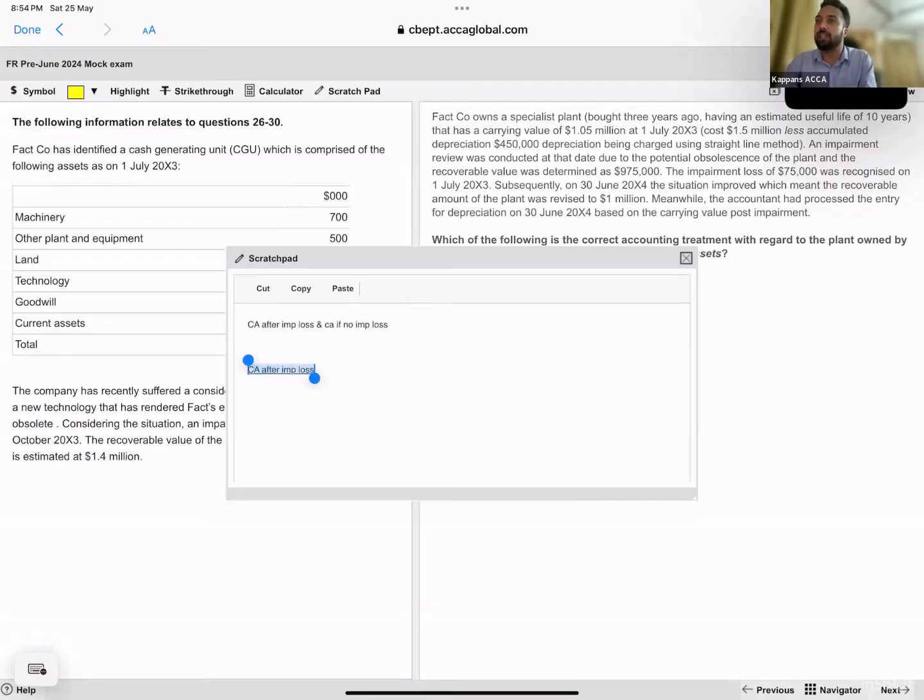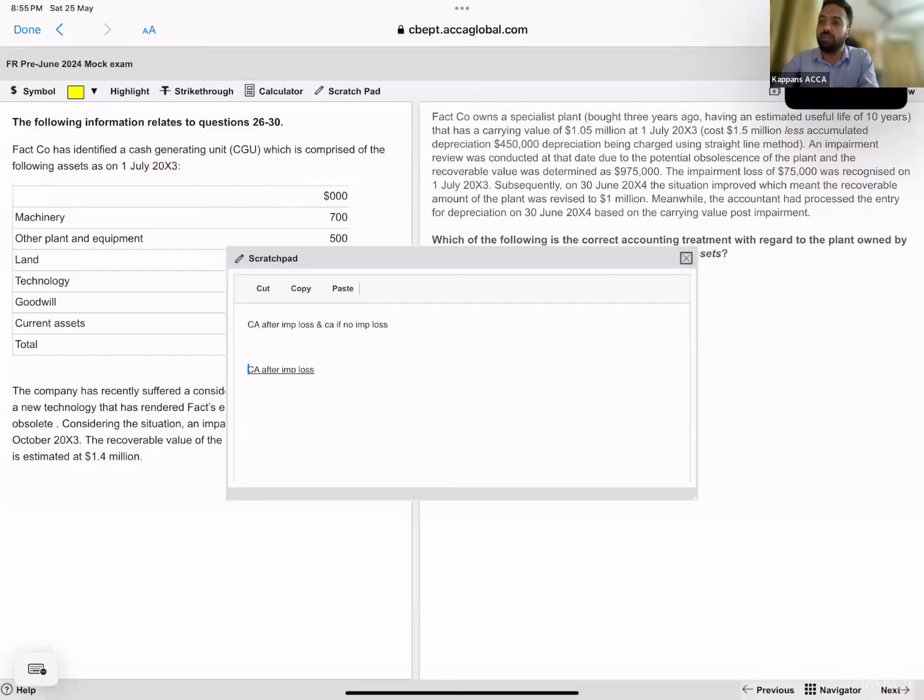They have given the carrying value is 1.05 million on 1st July X3. We have to calculate what is the carrying amount on 30 June X4. That is on the date of reversal of impairment.